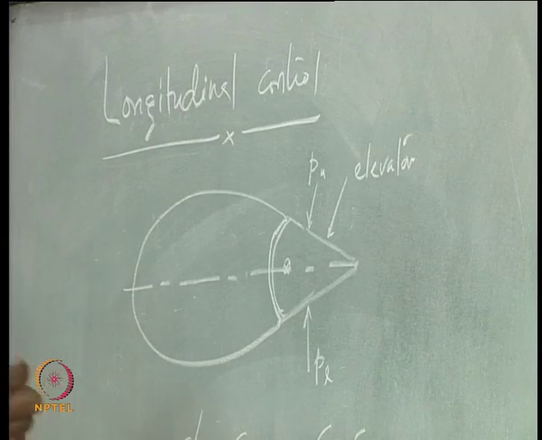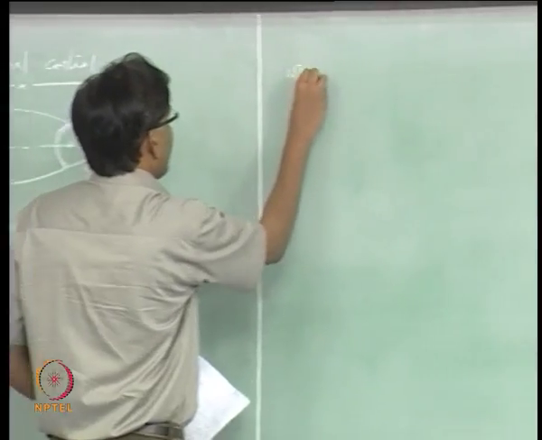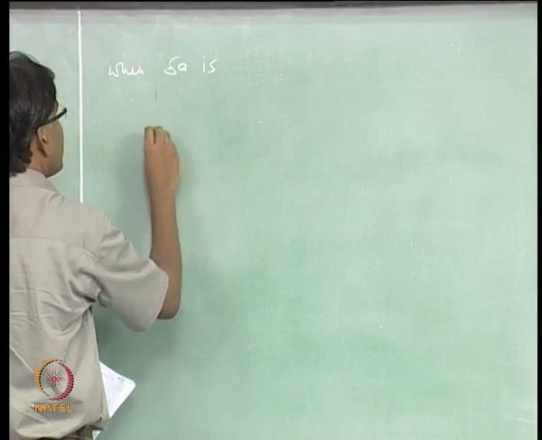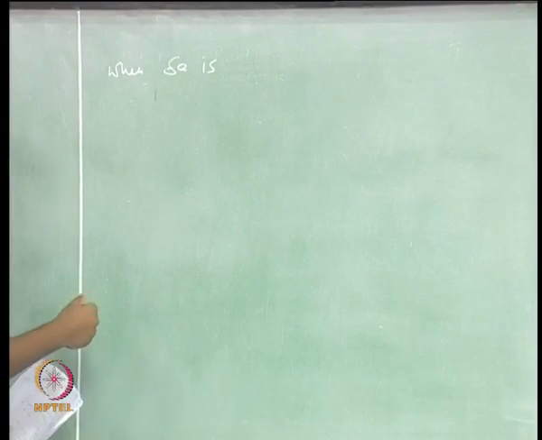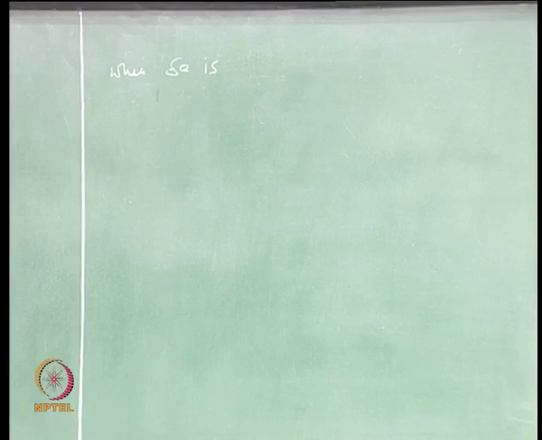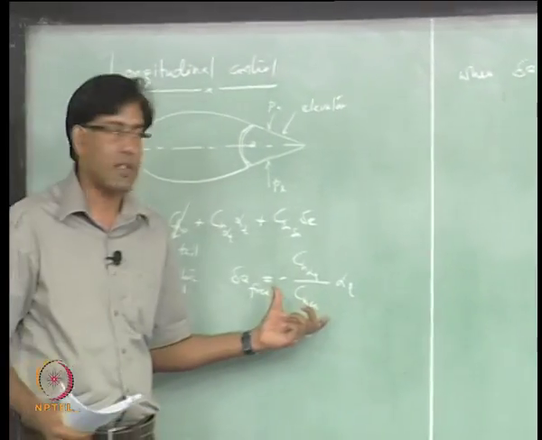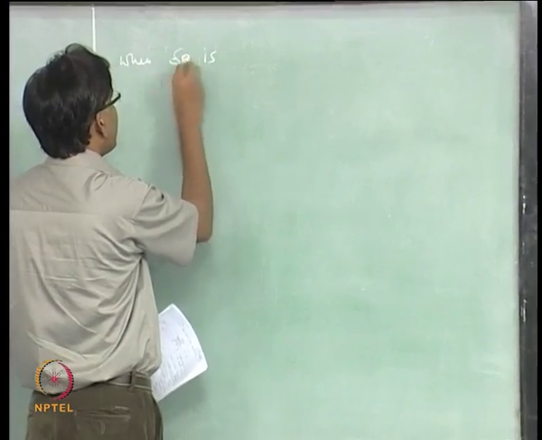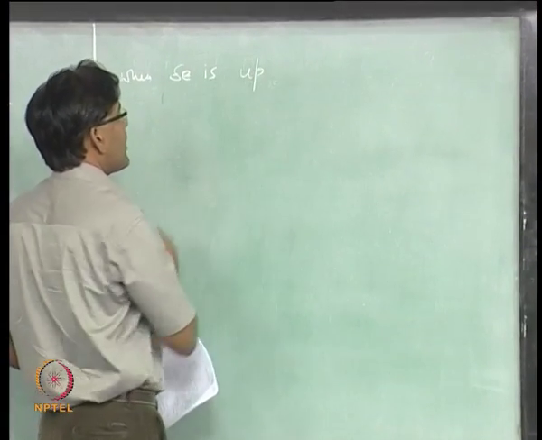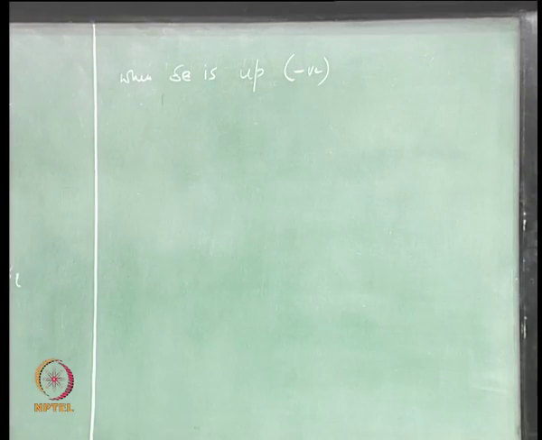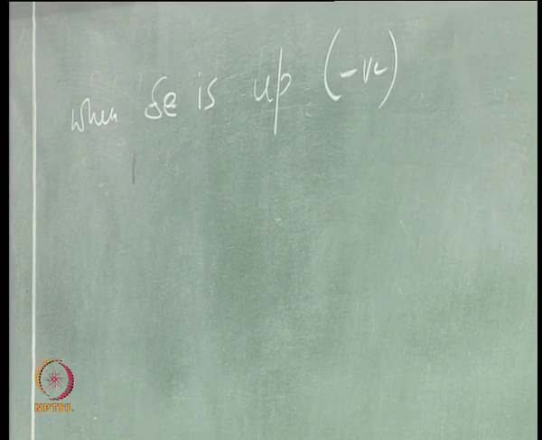So, delta E up from the neutral point, the neutral position of the elevator will be decided by this, and beyond that, if delta E is up, negative, right, what is happening?